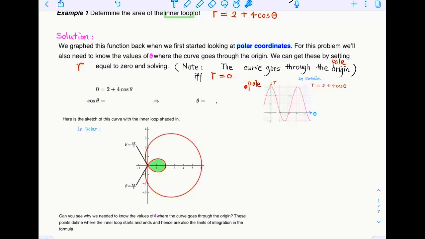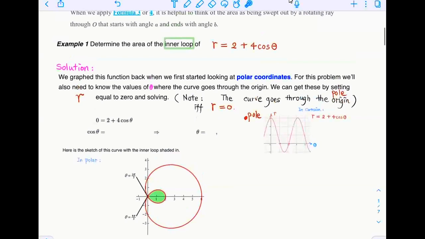If you want to find where the curve goes through the pole, you set r equal to 0 in this equation. So we get 0 equal to 2 plus 4 cosine theta.